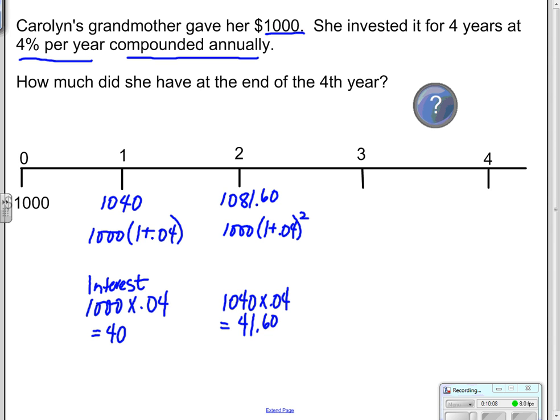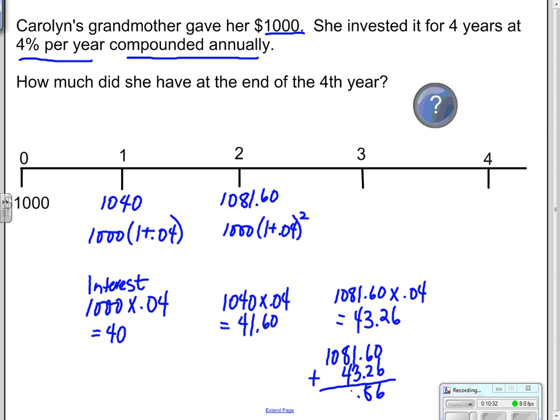Next year, he is going to calculate interest on $1,081.60 times our interest rate, which is $43.26. All right, what is that when we add it? $1,081.60 plus her new interest is $1,124.86.